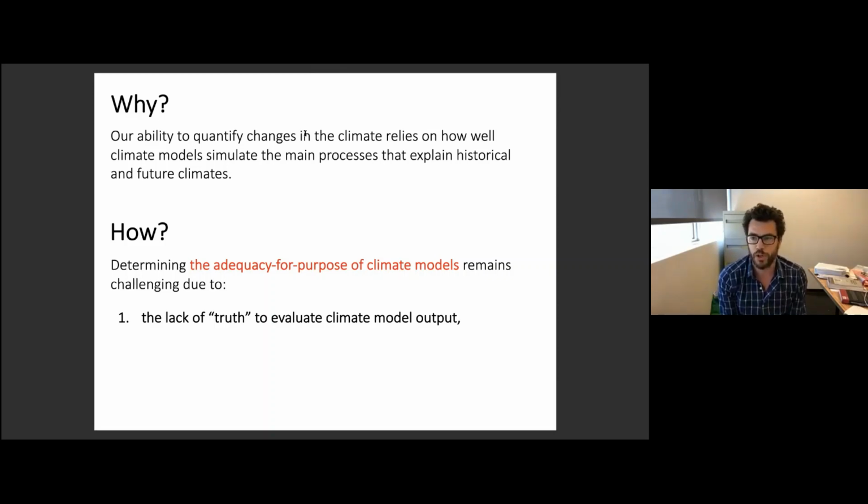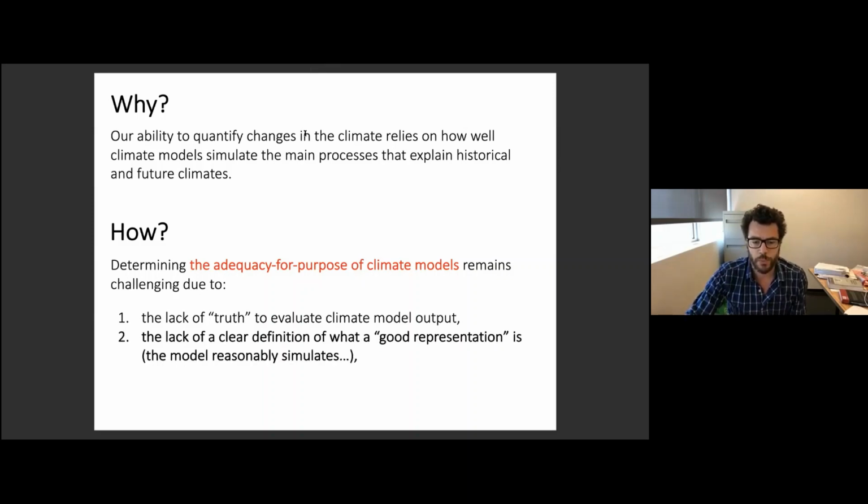So we don't really know what is the truth and what we can use to compare these climate models. Of course, this depends on what we are trying to evaluate. Some variables might be better observed than others, but this is often the case, and it is more often now that we sometimes run very high resolution models where data observations at very fine scales are not available.